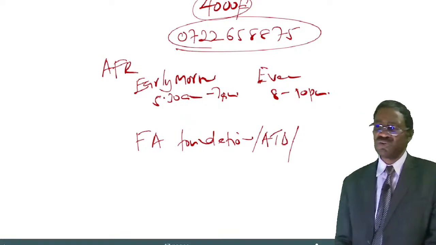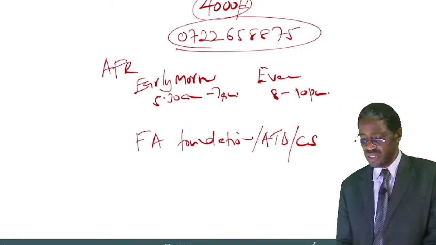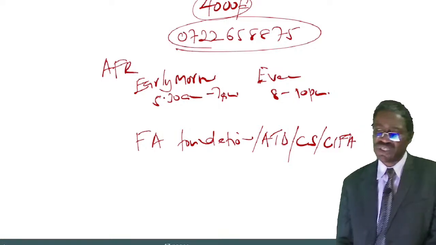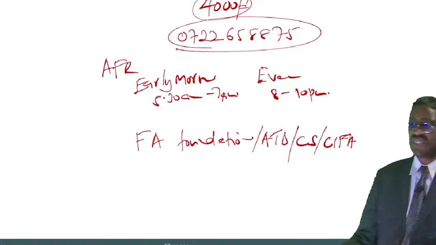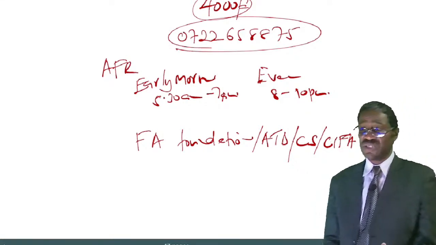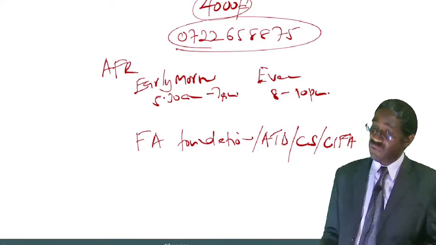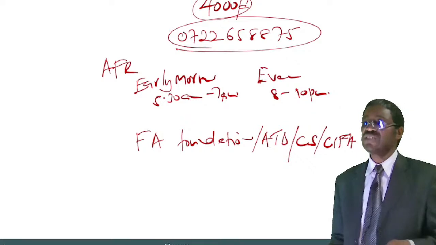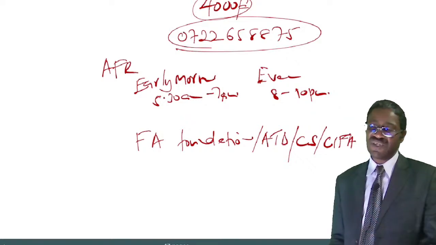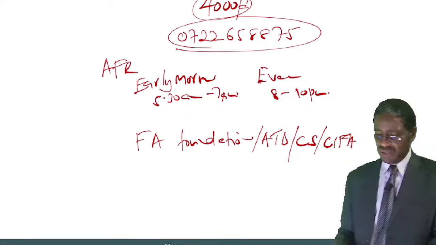That same accounting paper is also tested in CS. There is a course called CS, another course called CIFA. All those financial accounting introductions are the same. So for your friends who are wishing to start these courses, either financial accounting of foundation or ATD or CS or CIFA, all of them have the same syllabus. Good. So that is it for now.